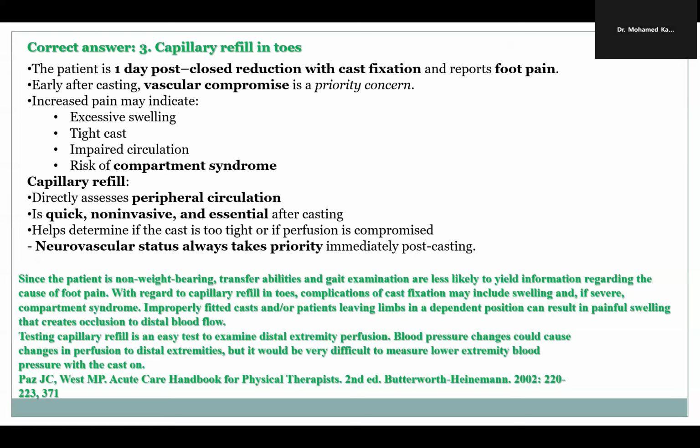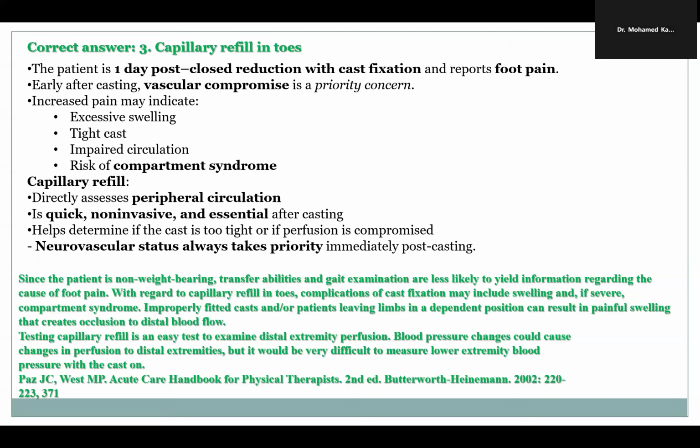Compartment syndrome, which is a surgical or medical emergency, which is actually increasing pressure within the lower leg. So the capillary refill test assesses the peripheral circulation. It is a quick, non-invasive, easy test, and essential after casting to make sure that the blood circulation is okay, both arterial and venous.